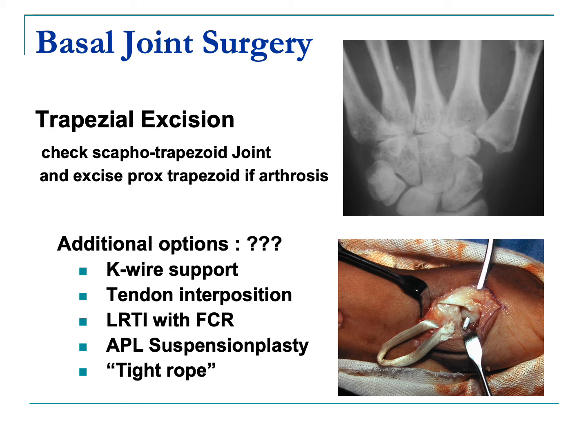In addition to trapezial excision, which was originally described by a German surgeon by the name of Jervis, there are many other options which are available in terms of stabilizing the thumb metacarpal. One is to insert a Kirschner wire into the metacarpal and stabilize the metacarpal to the scaphoid.